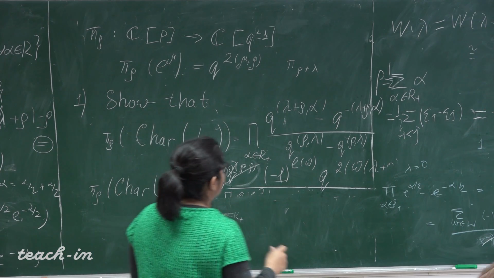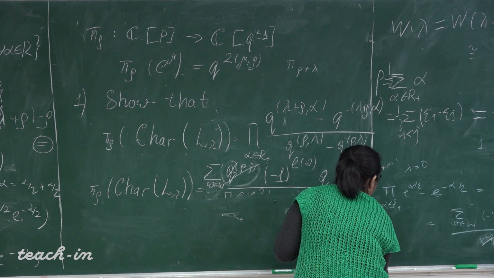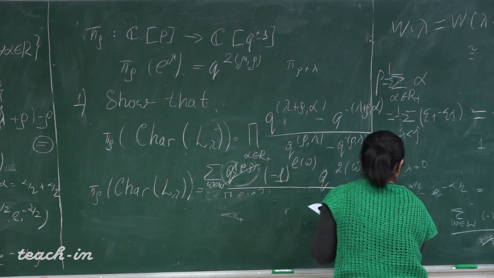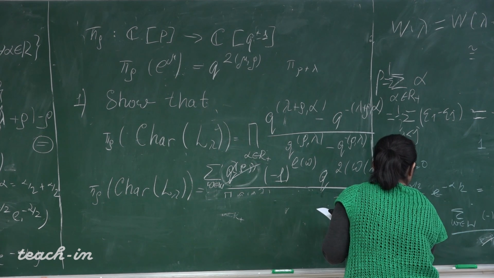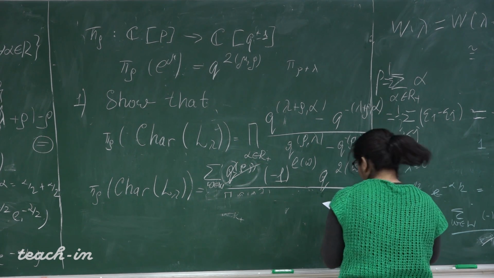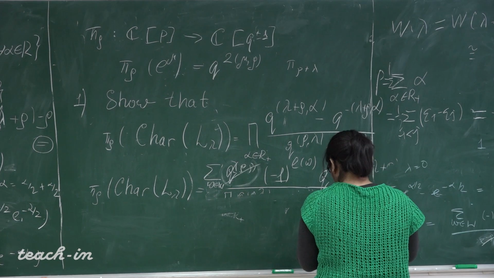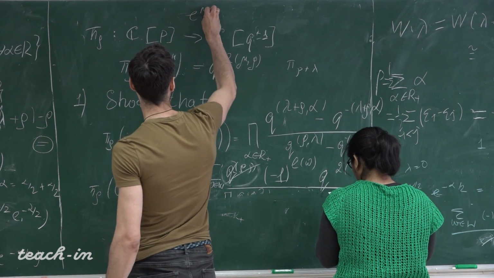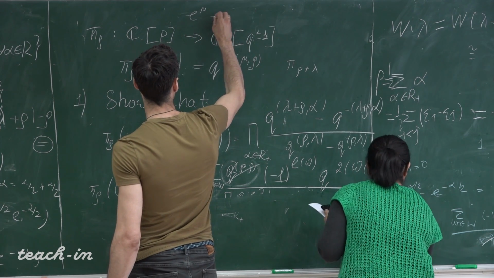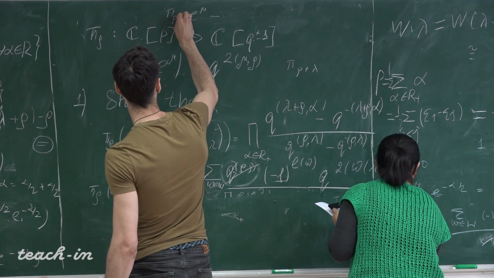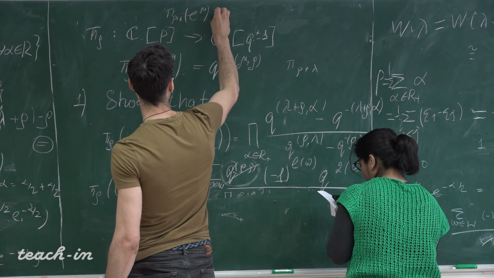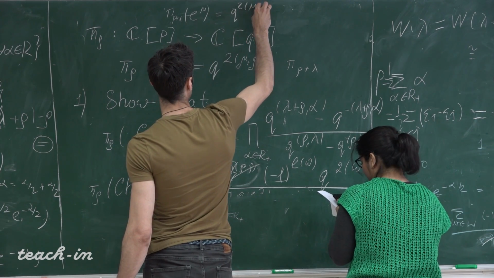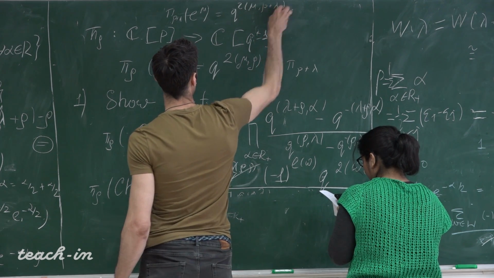So I suggest to take pi rho of lambda, which takes e to the mu and sends it to q to the mu, rho plus lambda.